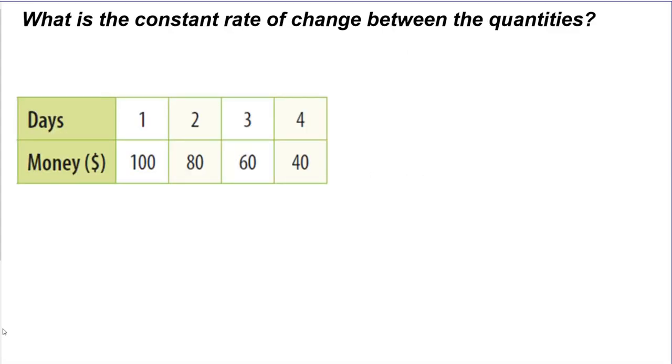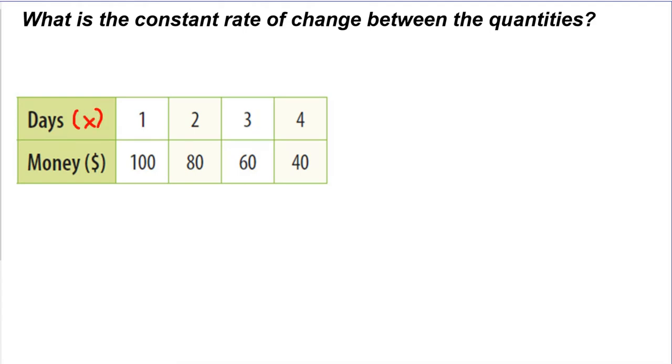So let's look at this table that shows a linear function about how much money somebody had over 4 days. And we want to know what is the rate of change, or what is the constant rate of change between these quantities. So if we're looking for the rate of change, we want to look at how much the y values are changing compared to how much the x values are changing. So in this table, our independent variable is the days.